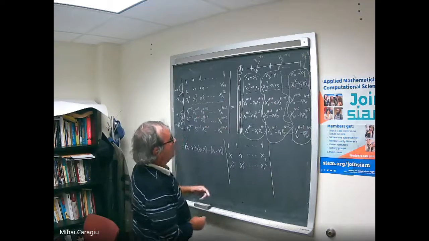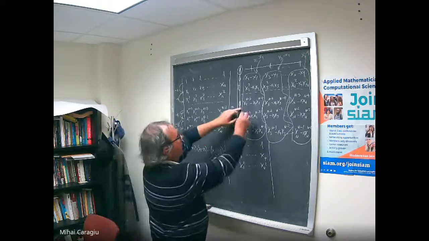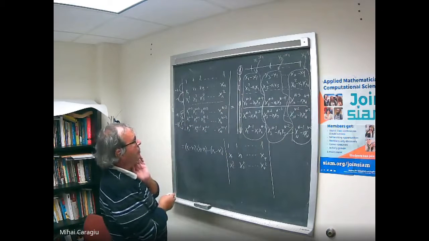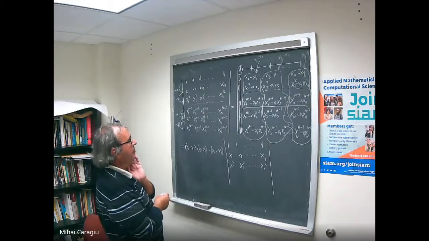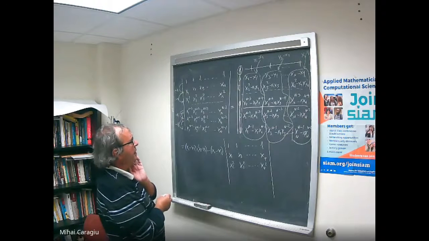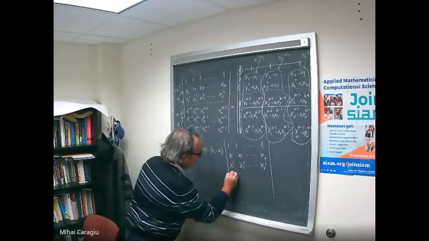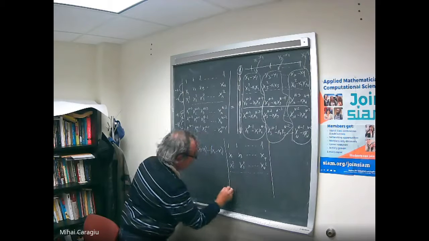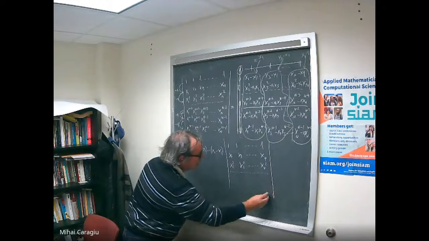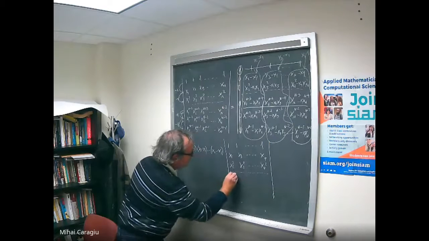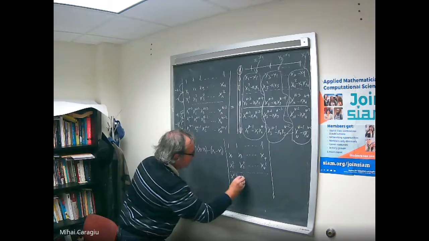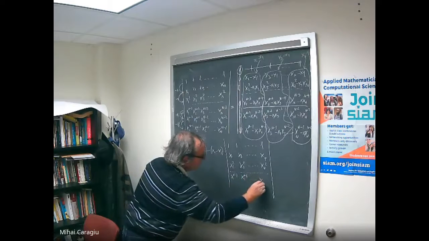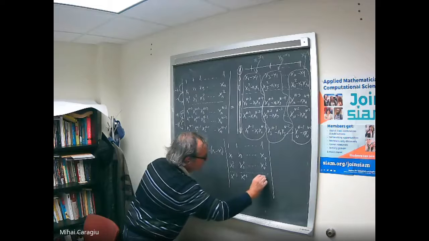Third row from the bottom. If we take x2 minus x1 as a common factor, we get x2 to the power n minus 4, x3 to the power n minus 4, all the way through xn to the power n minus 4.